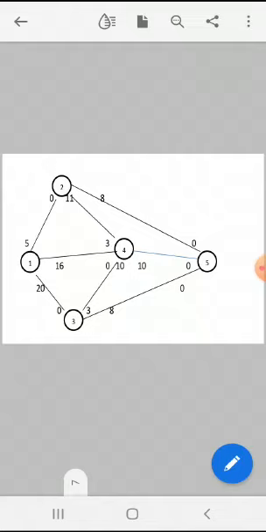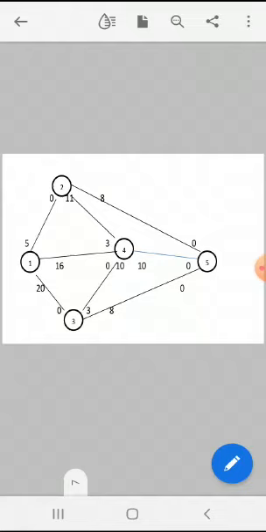Now step 1 to solve this problem is to find an augmenting path from 1 to 5. So here 1, 2, 5 is a path. From 1 to 2, 5 units can be transmitted, and from 2 to 5, 8 units can be flowed. So find the minimum of 5 and 8.